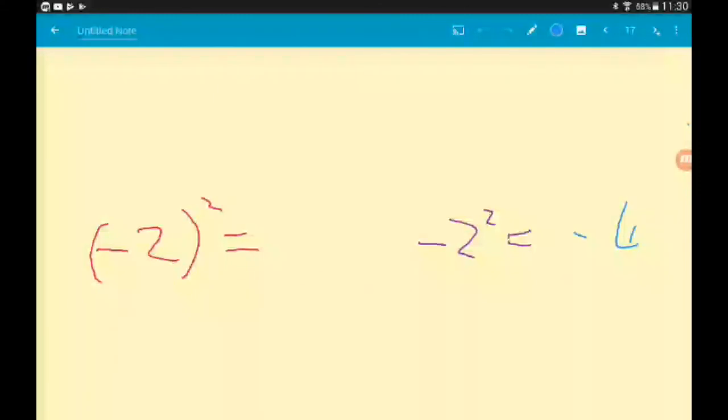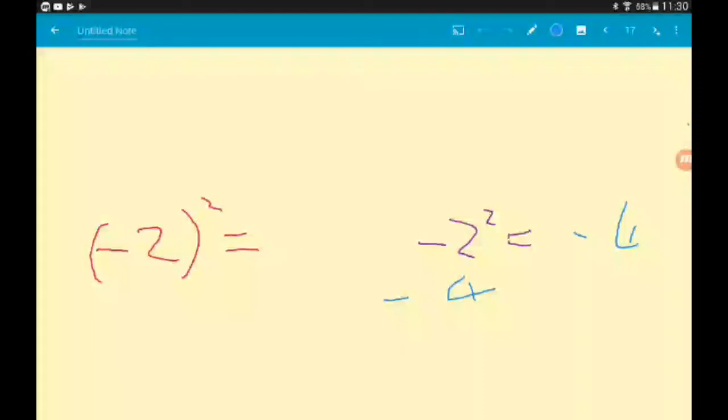So it's giving you 4, which then becomes minus 4. So that is the wrong way to put negative numbers into your calculator. It seems very nitpicky, but it's very important.